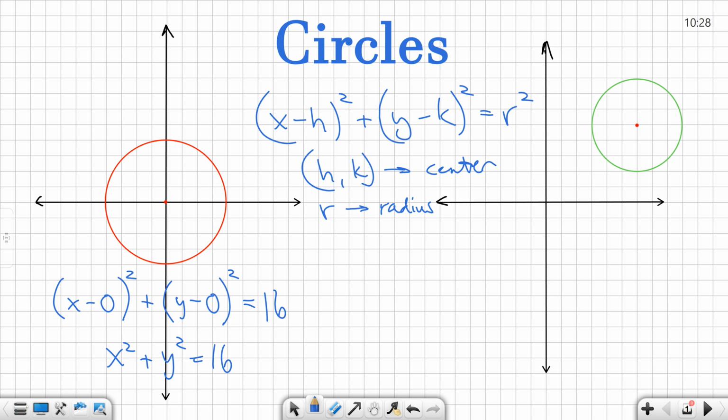Okay, you have 30 seconds. Write the equation of the green circle. You may have to look at the screens to count.